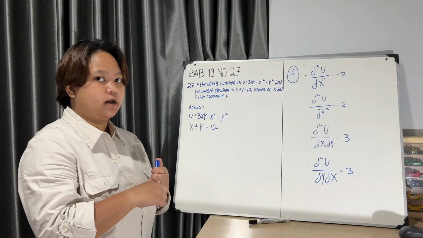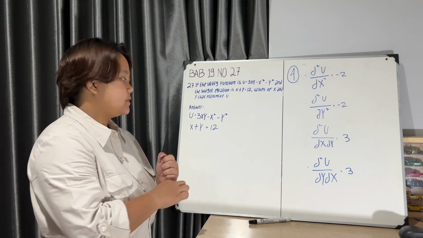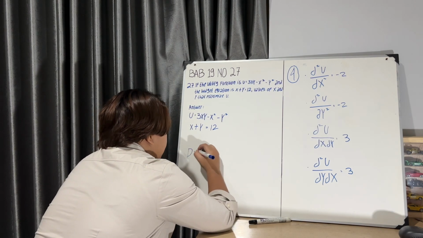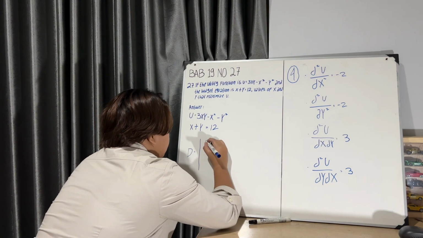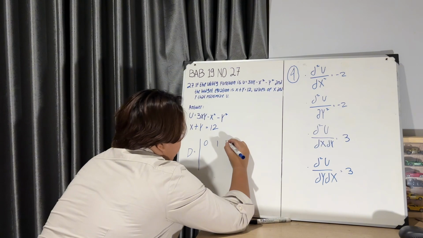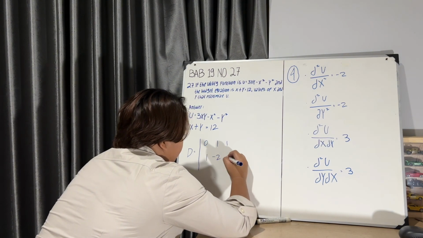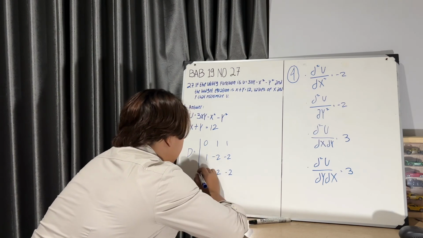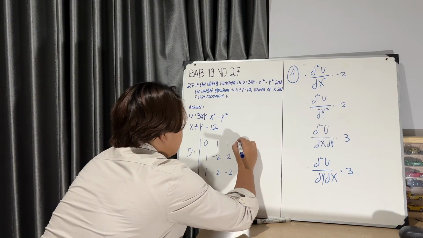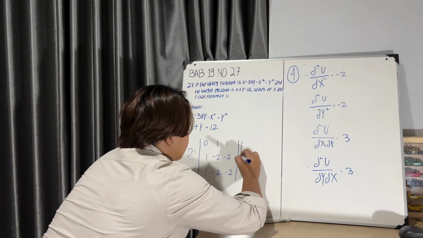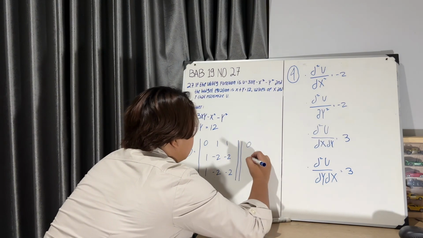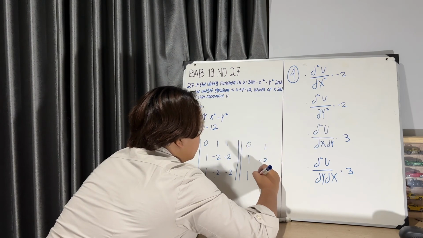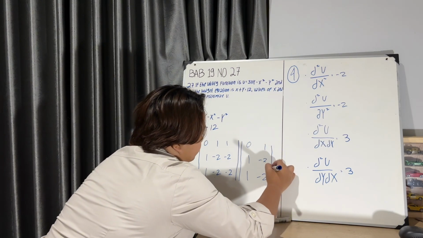We use the bordered Hessian matrix, which is 0, 1, 1, 1, minus 2, 3, 1, 3, minus 2. Okay.